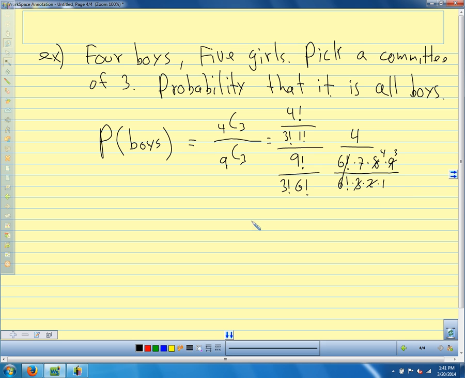So my probability is 4 over 7 times 4 times 3, which is 84. So 4 out of 84 or 1 out of 21. So there's a 1 in 21 chance that all 3 of the people on the committee would be boys. Questions on how we came up with that?